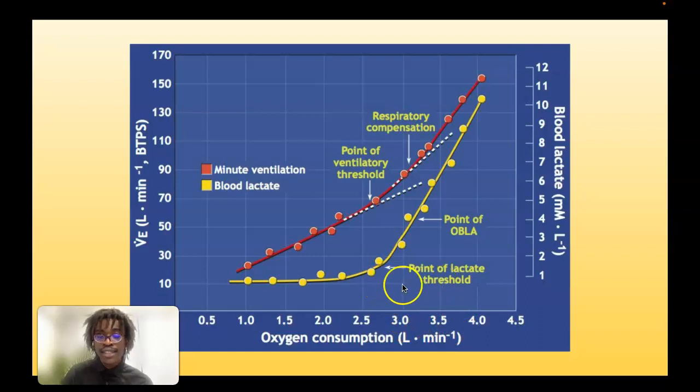This is the point of lactate threshold, which is at 1 millimole. So this is where we're starting to pick up intensity. Lactate is starting to build up. And at 4 millimoles, this is the point where we see the onset of blood lactate accumulation, and we see a dramatic increase in blood lactate.